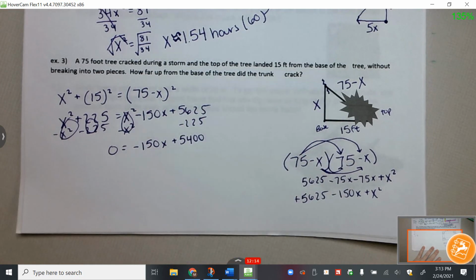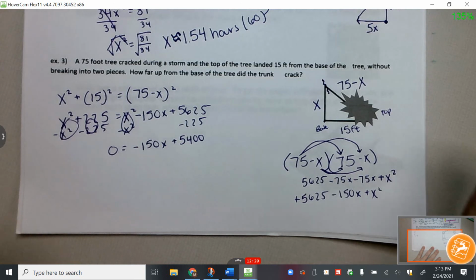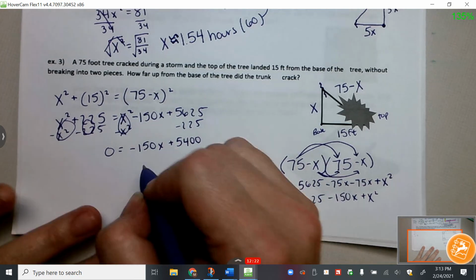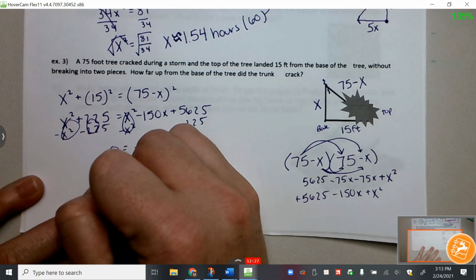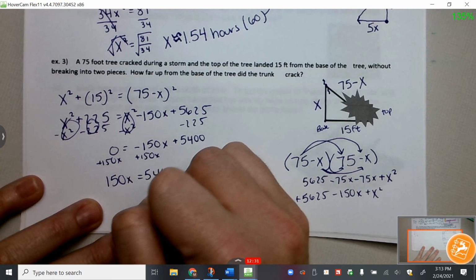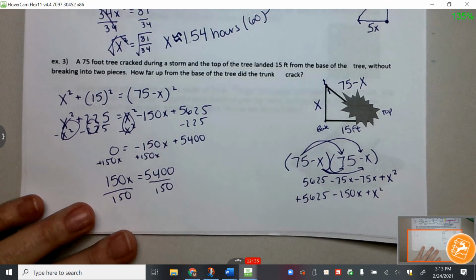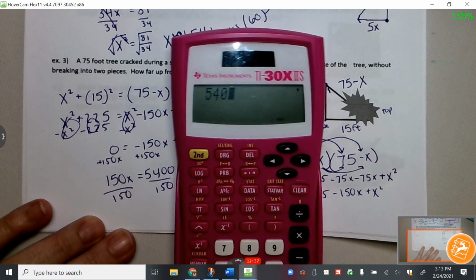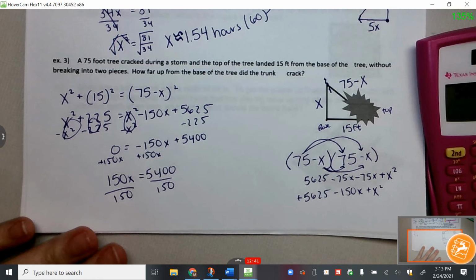And since the x squared's canceled, I can actually move this back over and divide because I don't have to factor, because I don't have an x squared. So I'm going to add 150x to both sides. I get 150x equals 5400. Divide by 150. And I get x equals 36.